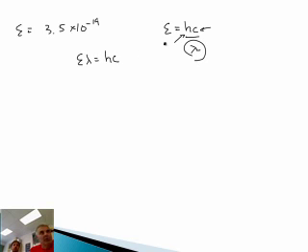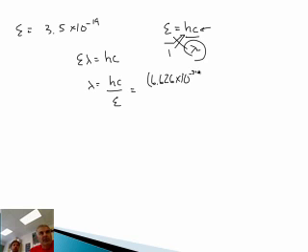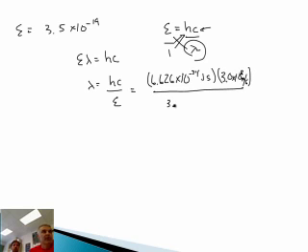Or if I want to find lambda, I can say lambda is equal to HC over E. So H is 6.626 times 10 to the minus 34th joule seconds times 3.0 times 10 to the 8th meters per second over E, which is 3.5 times 10 to the minus 19th joules.